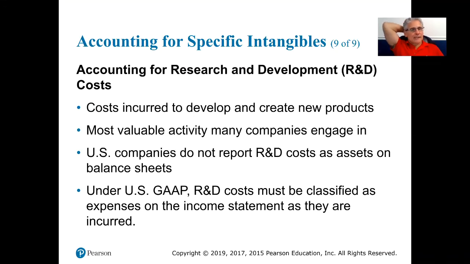Looking at accounting for research and development, R&D. Research and development are costs incurred to develop and create new products. Most valuable activity many companies engage in. That's because, without the R&D, they're not going to be able to develop new products. U.S. companies do not report R&D costs as an asset on the balance sheet.